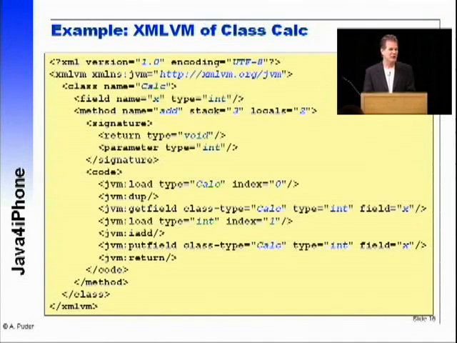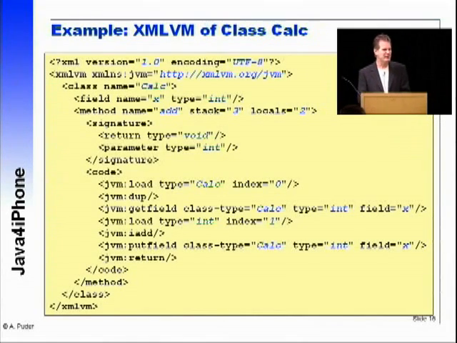And then on the next level, you have a class tag that defines a new class. And you can see, well, there's the name of the class. And the children of class define this class. So you have an XML tag called field that defines the member x of type int. And then you have this method add. You see mention of stack and local. So basically, how much stack space does this method need?